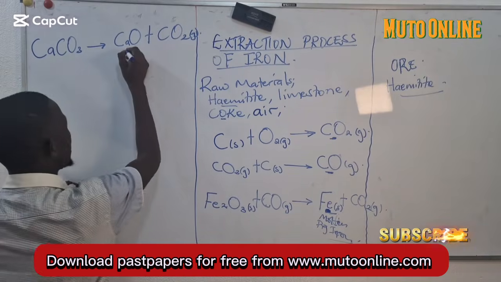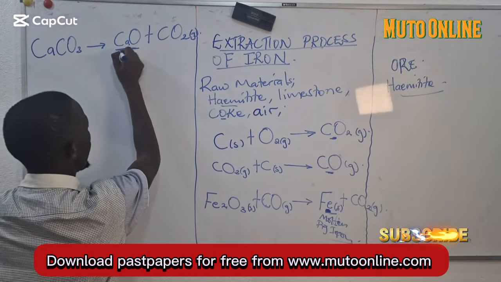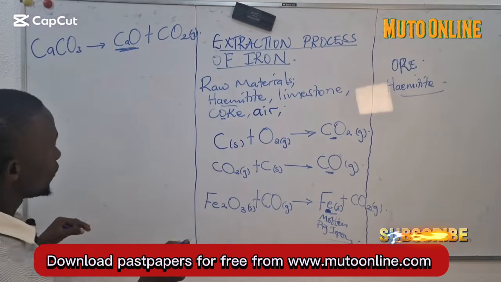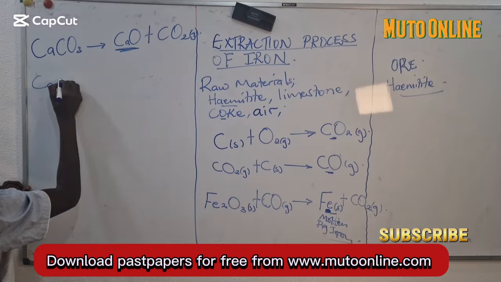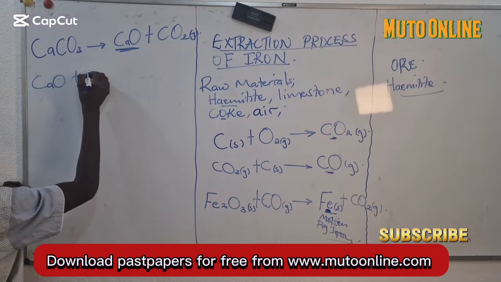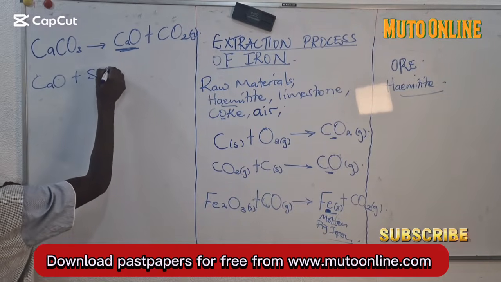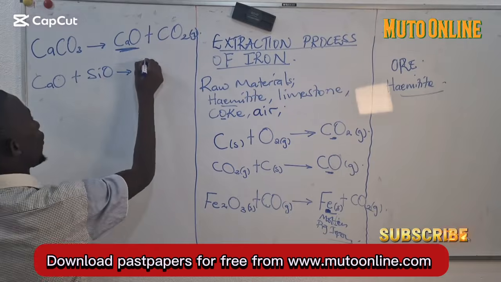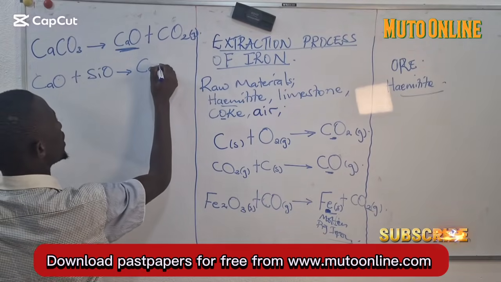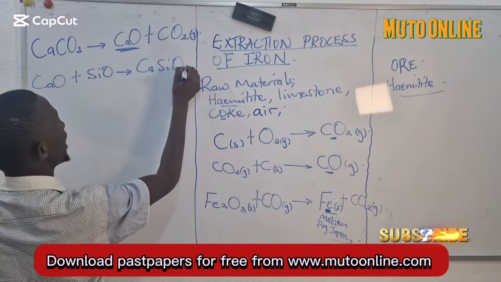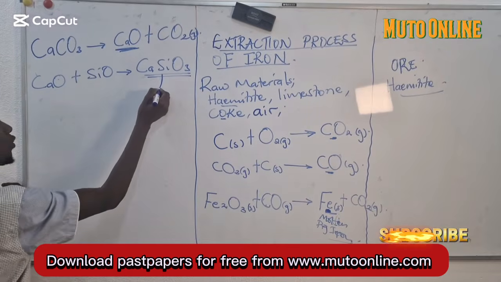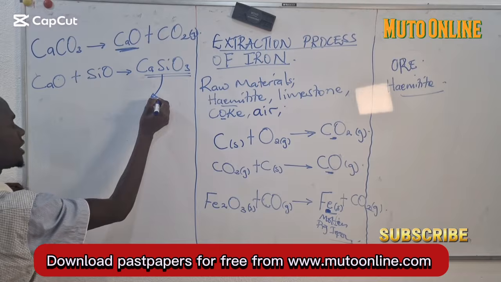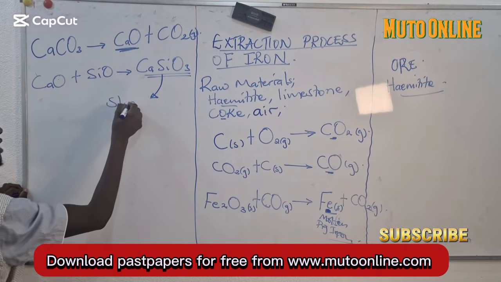This formed calcium oxide reacts with the silicon dioxide to form calcium silicate, which is a light waste we call the slag.